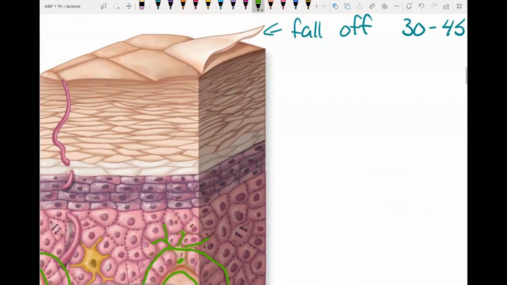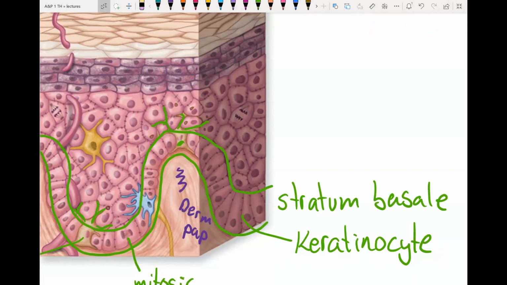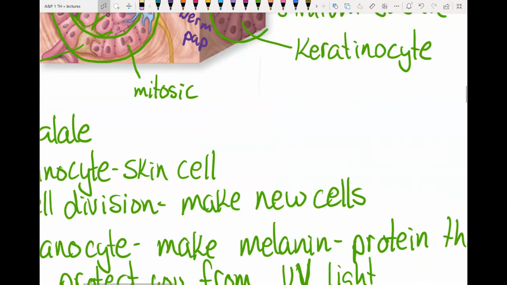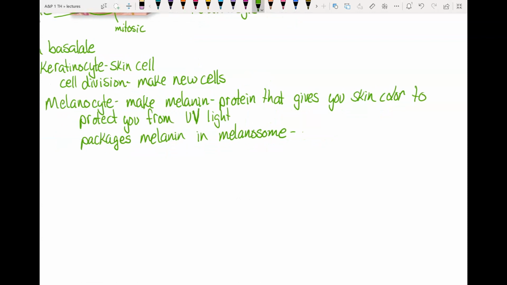So that's how your skin color ends up here at the surface of your skin where you can see it, because it's put into the keratinocytes, and the keratinocytes are the ones that are migrating upward. So your melanocytes make your skin color, but your keratinocytes contain your skin color.